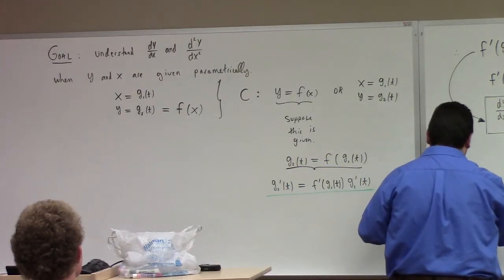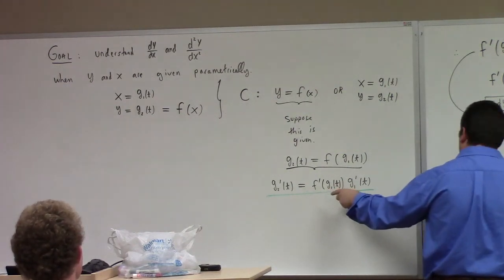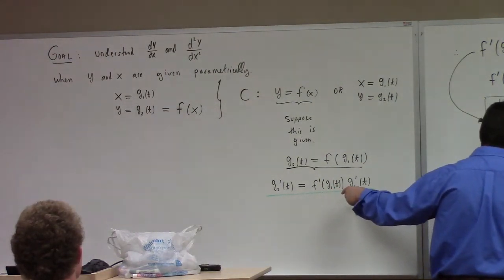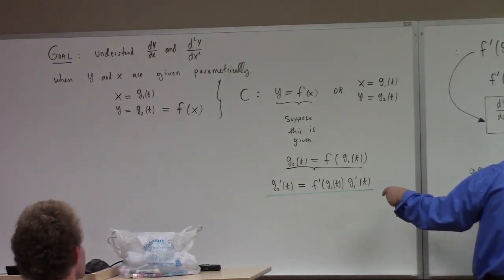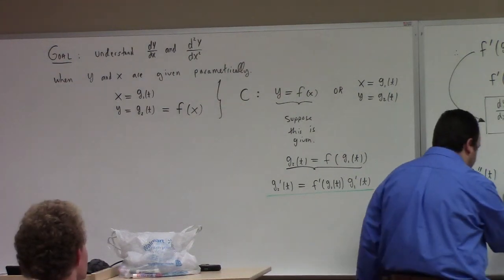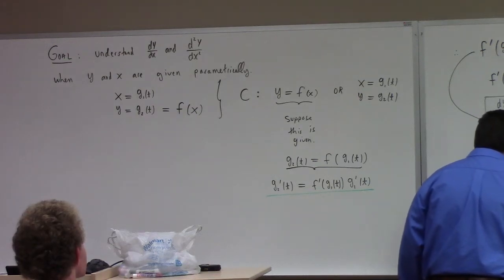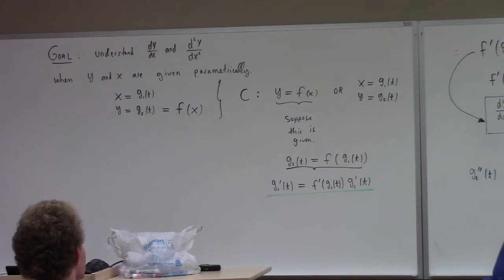We get g2 prime prime of t equals, well, the derivative of this product. How's that go? Product rule, right? So that's f prime prime of g1 of t times g1 prime of t times g1 prime of t, plus f prime of g1 of t times g1 prime prime of t.